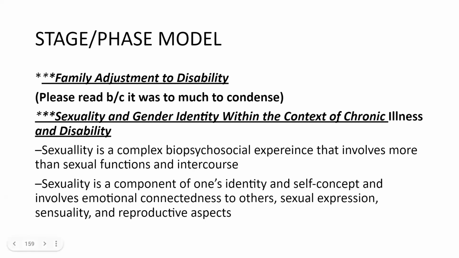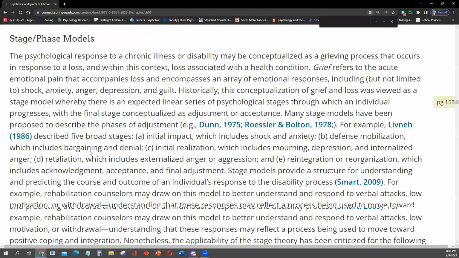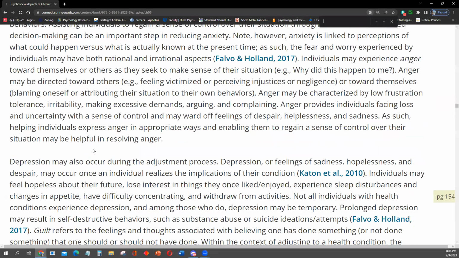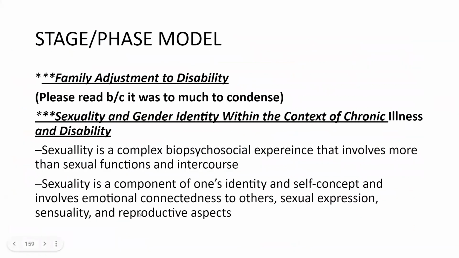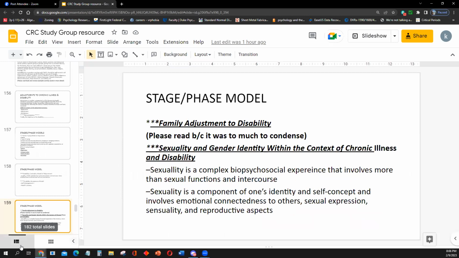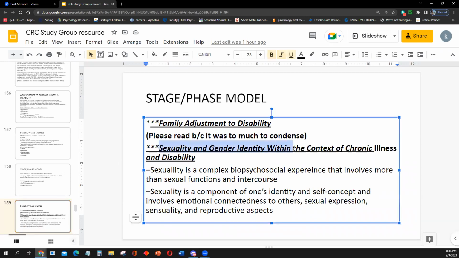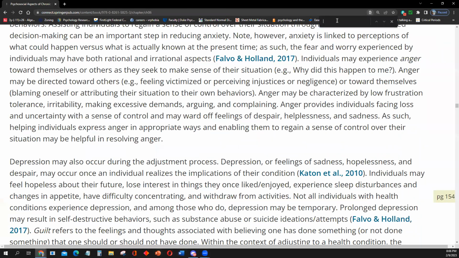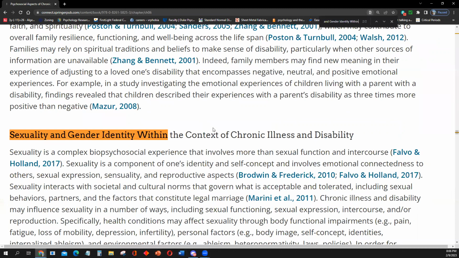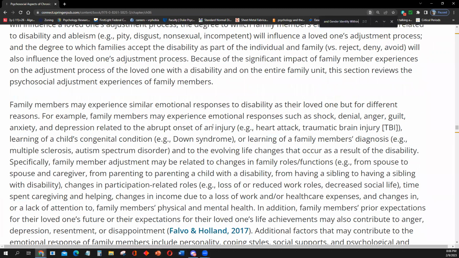I'm still here. Okay. So right here, it talks about, and again, if you want to show them the paragraphs or whatever, because it gets in, and again, I truly just didn't know how to, it's too much to sum up, but I have a way of summing it up, but I just felt like I would refer to it and talk about it a little bit and get some of the key facts. It talks about sexuality and different things like that. It's going to give definitions of the different types of, see right here?